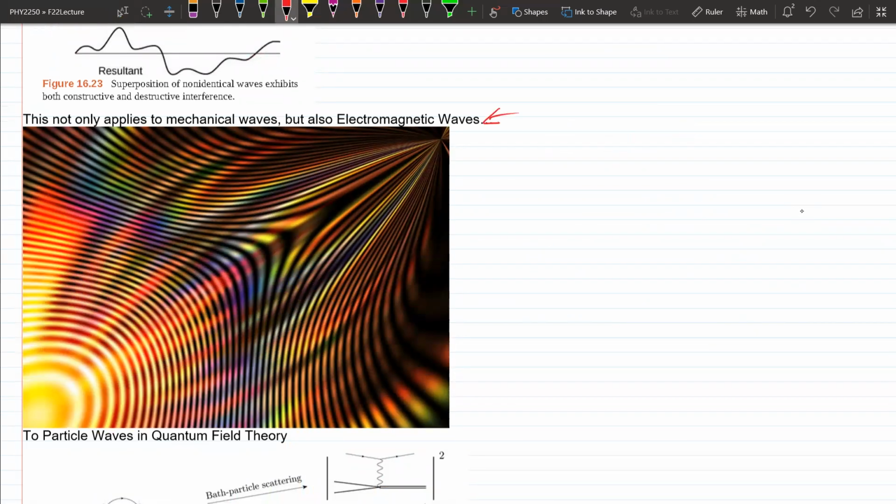This is kind of a cool image. When people used to have DVDs, you can actually see this on a DVD, where it's constructive and destructive interference of different wavelengths of light. That's why you see this rainbow color.